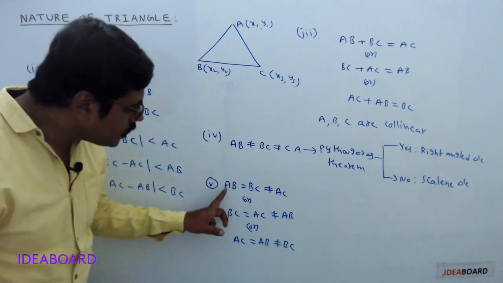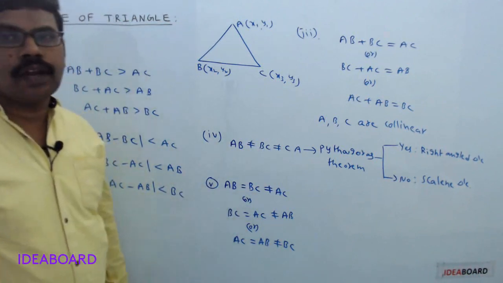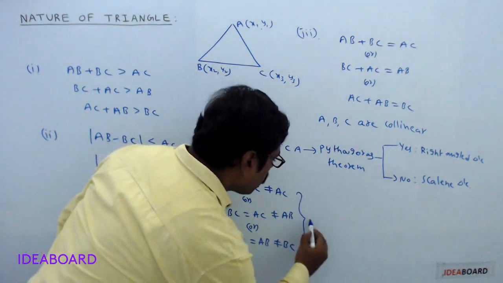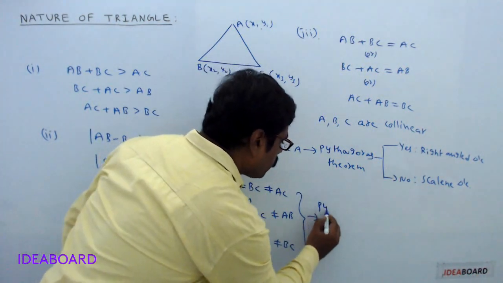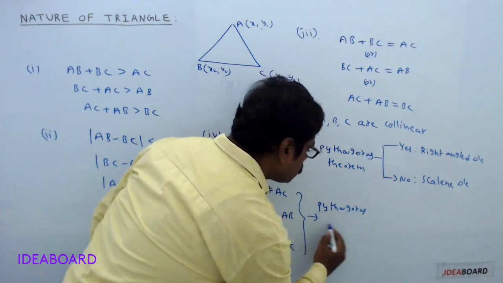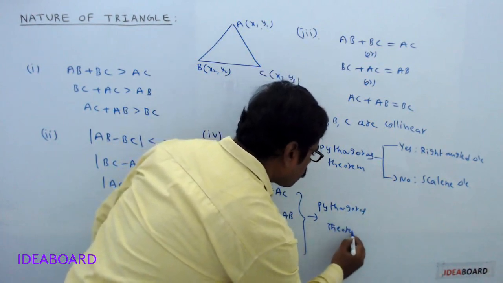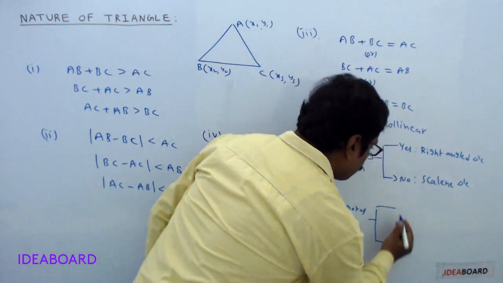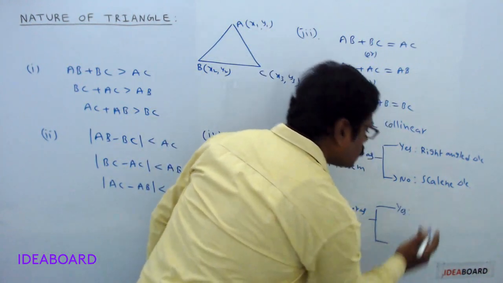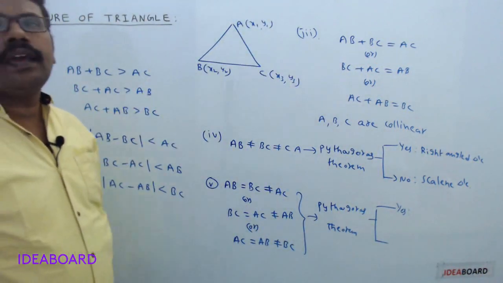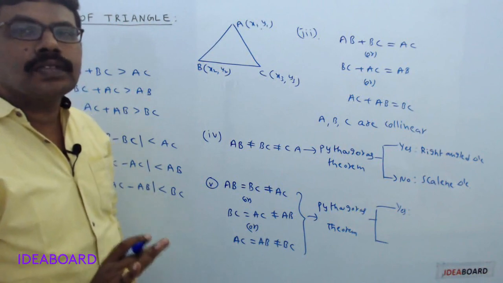It means any two sides are equal. In such a case, you have to check the Pythagoras theorem. Now here, if the Pythagoras theorem is satisfied, then this triangle is said to be a right angled isosceles triangle.